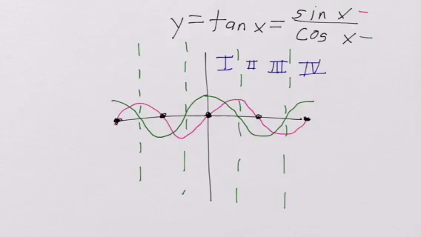And it's the same thing to the other side: 4, 3, 2, 1. Now we know the tangent is positive in quadrants 1 and 3. So it's positive there, there, and there, and negative in quadrants 2 and 4. So negative, negative, negative, negative.